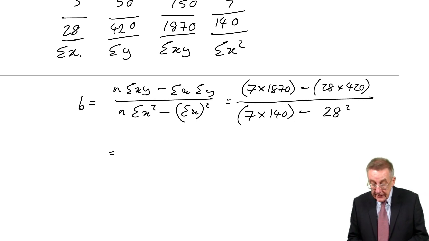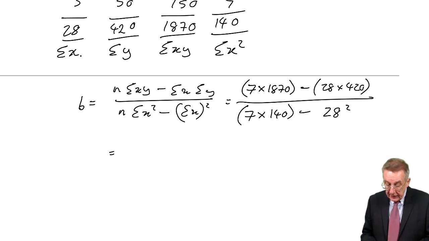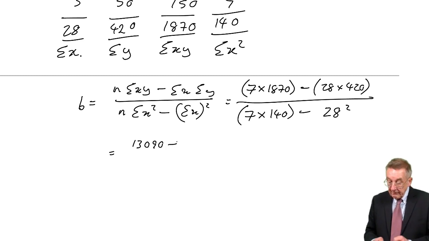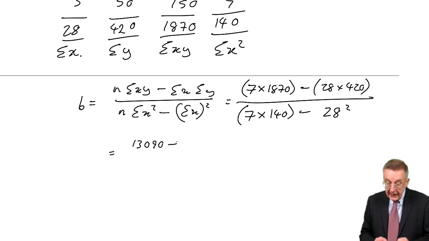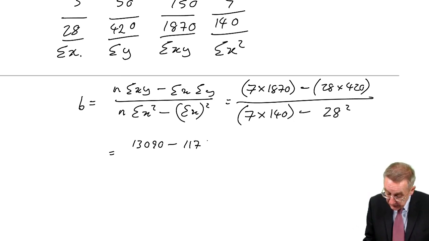but to avoid any upset, the top, 7 times 1870 is 13,090. 28 times 420 is 11,760.